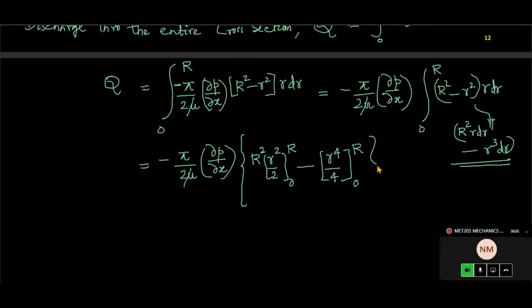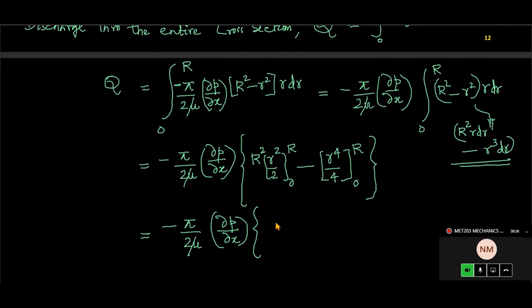So when you integrate this, we have integrated already, but now apply the limits. You don't have to bother about 0 now, and combine the terms and simplify it further. So that's all: minus pi by 2 mu dou p by dou x into, when you apply the upper limit, don't bother about the lower limit since it is 0.